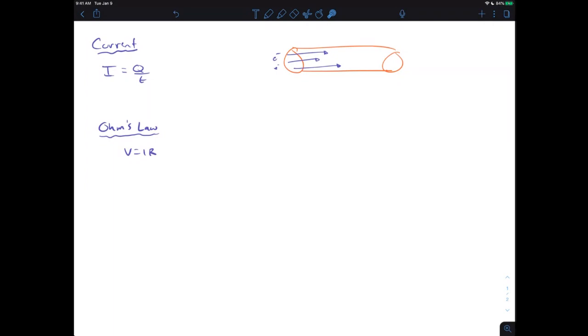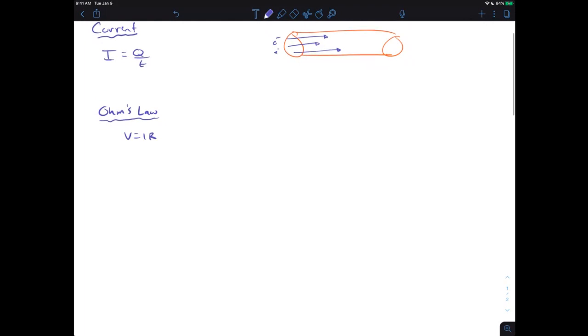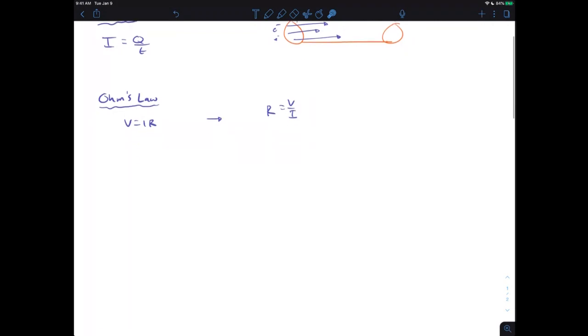So what we're going to do now is put this together. Remember, we have our resistors. We end up considering this a resistor, right? And I think we used our formula here as V over I. All I did is shuffle around this formula to get my resistor by itself, just so you guys know.